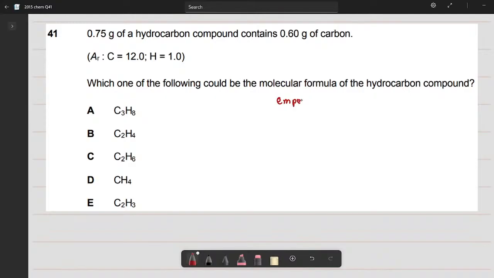Empirical formula. So this is basically the simplest ratio. So the simplest ratio of a compound.